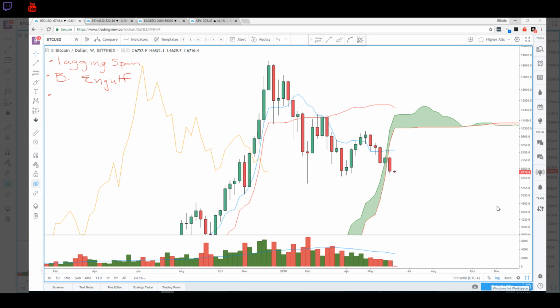We have a bearish twist of the Kumo, which is here. We see that it flipped to red a couple of candles ago, and now we have the price trending through the cloud.